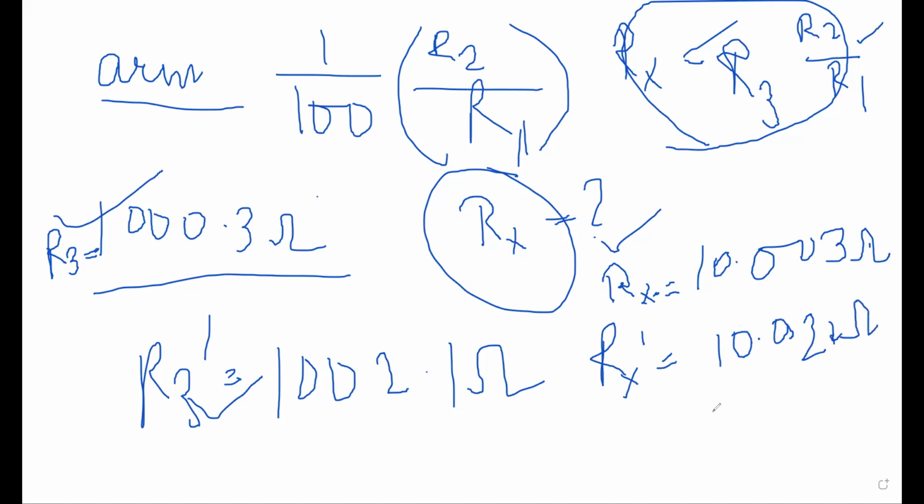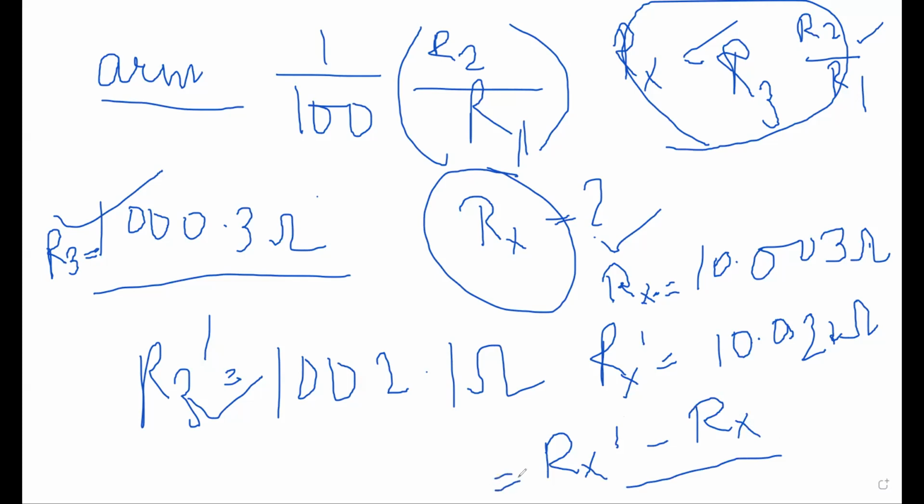So these are my two values. Now follow the question nicely: find the change of Rx due to temperature change. That means you have to just find the difference, that is Rx new minus Rx old.